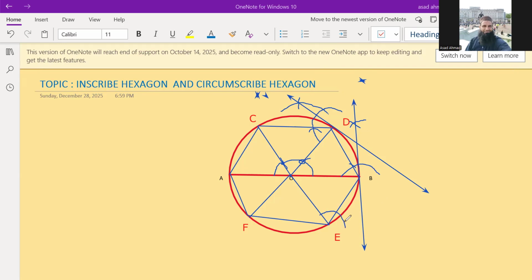At point E, the same 90 degree angle will be formed, and once it is formed, you have to extrapolate the lines like this one, and the same will be done for point F as well. It should just touch the curve at one point only. And at point C again you will be getting a 90 degree angle.